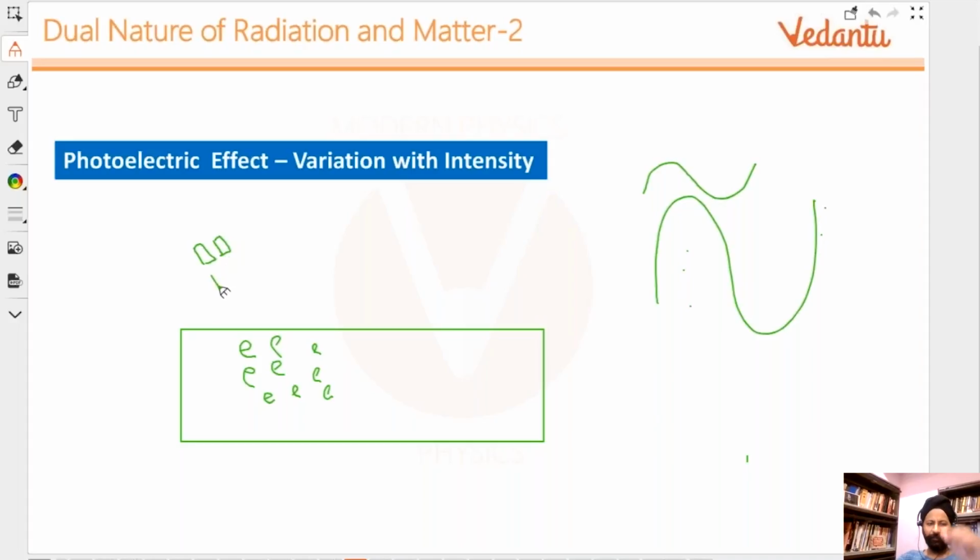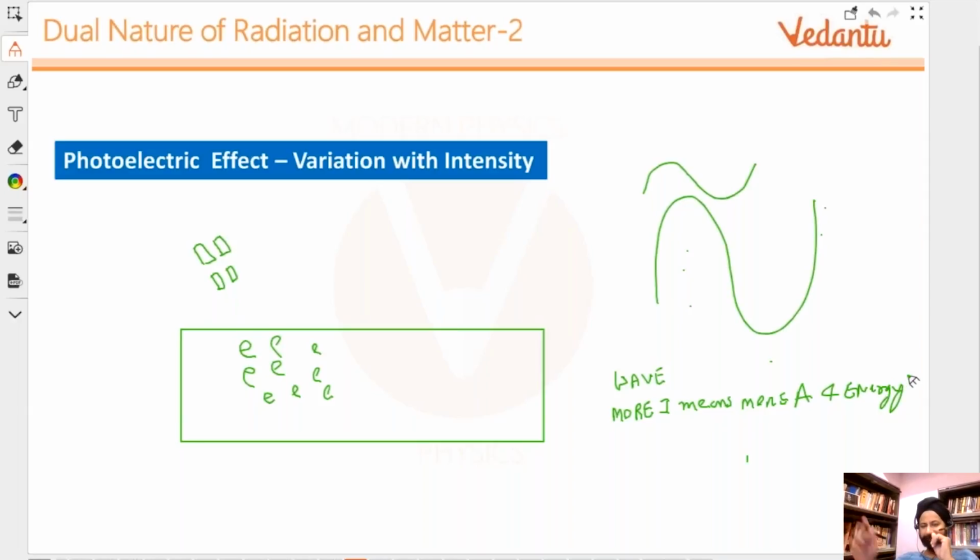So this is photons falling on this, more intensity. Let's write it down. In the wave world, you have to really understand this. Please note it down. This is a very important point that will make you understand why wave theory failed to explain all this. More intensity means more amplitude and energy.